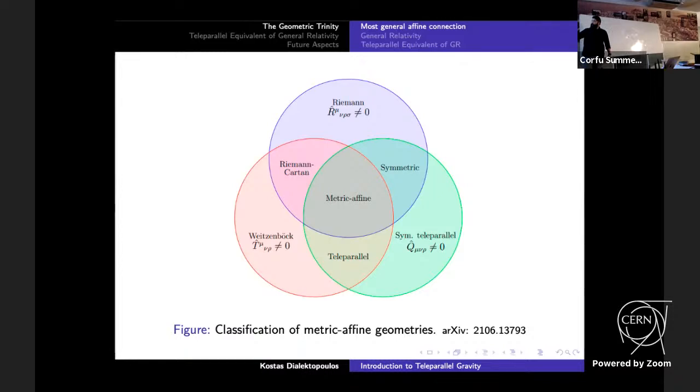If you take the curvature to be non-zero and the torsion and the non-metricity to be zero, you end up with Riemannian geometry. If you take the curvature and the non-metricity to be zero, you end up with the Weitzenböck geometry, which is the one I'm going to focus on now. It's called the teleparallel geometry. And the symmetric teleparallel one is where the curvature and the torsion are zero and the non-metricity is not.